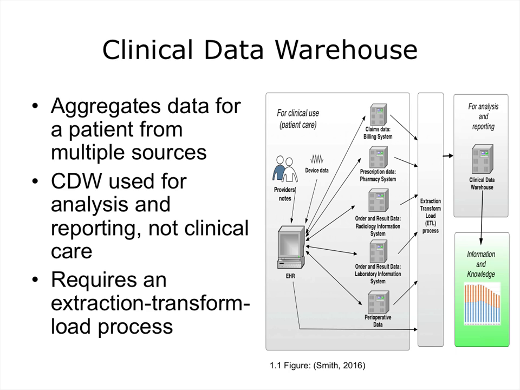The transformation process is especially important as data can be stored in a variety of forms across systems. For example, a laboratory system might use the letters M, F, or U for patient gender, male, female, or unknown, while the radiology information system might use 1, 2, or 9 instead.